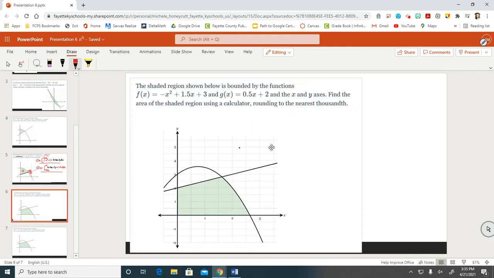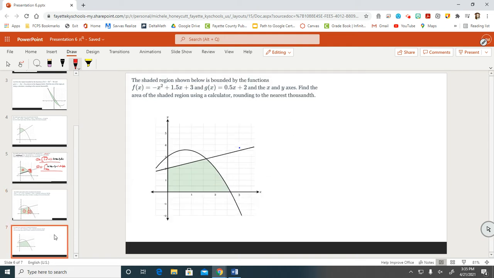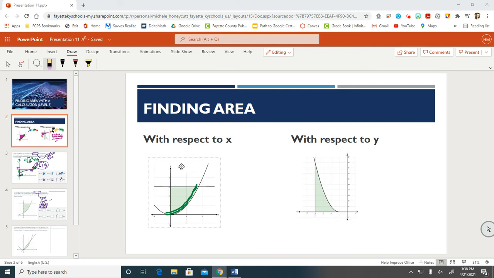Sometimes you have to do it on your own. So like in this picture, I would say, okay, right here, I would divide it into region 1 and region 2 and add those two areas together. Now, so far we've been finding all of our area with respect to x. And so we can find area with respect to x when it's easy to see a top curve divided by a bottom curve.